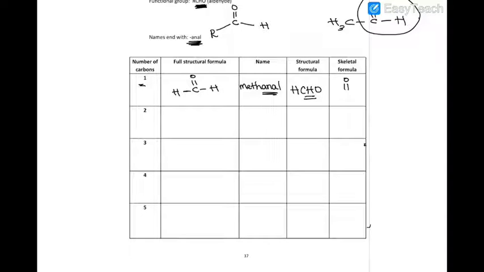Two carbons: I have one carbon, double bond OH, and then the second carbon is going to be a CH3. So with two carbons, this is ethanal. The structural formula is CH3CHO.